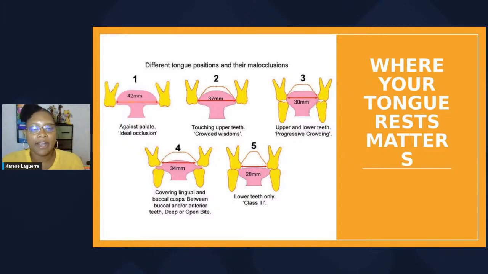Now, when we're looking at our image here, image one, we have 42 millimeters of intermolar width. So intermolar between 2 and 15. Sorry, you're looking at these two teeth and you're going in between and you're saying, okay, 42 millimeters. That's pretty big.